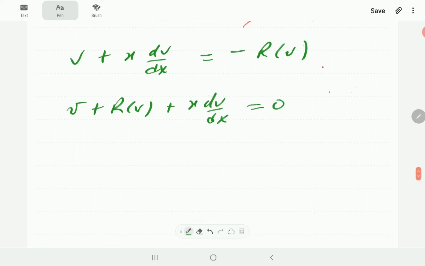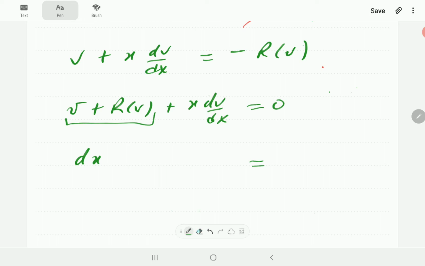Then we're just going to rearrange, really. If we first multiply by dx and divide by x, basically this is what we're going to have.